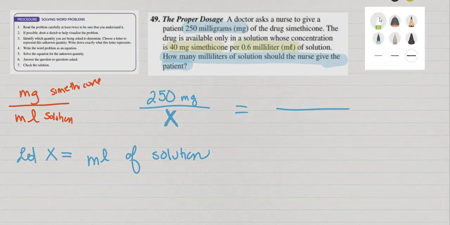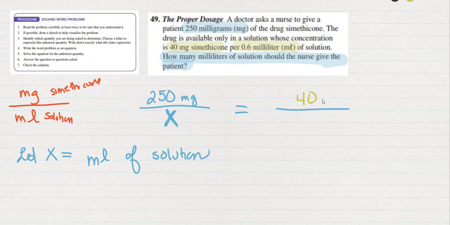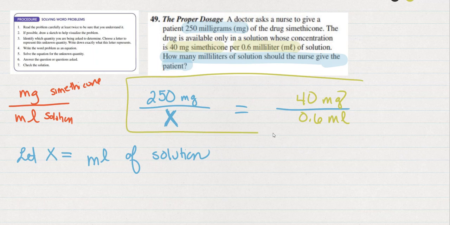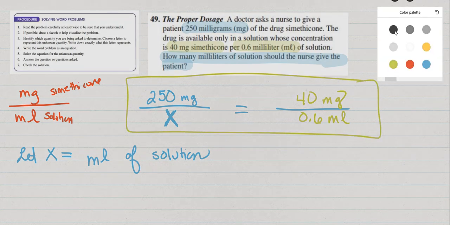So if I'm deciding which one goes in the top and which goes in the bottom, the 40 milligrams has to go on top so that it's consistent all the way across, and 0.6 of a milliliter is going to go in the denominator so it's consistent all the way across. So here's my proportion, and now I can solve that proportion.